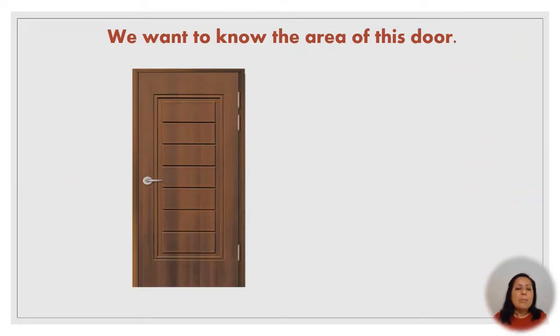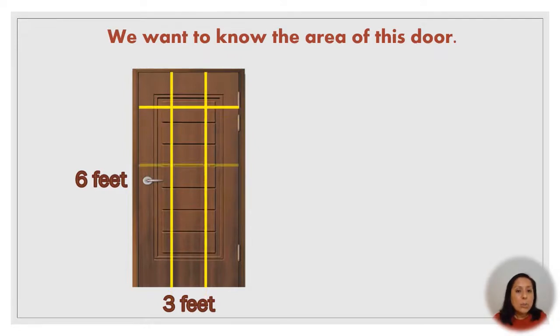Now let's see another problem. If we want to know the area of this door, we need to know how much is the length and how much is the width. So the length is 6 feet and the width is 3 feet. Now, at this moment, I cannot see the squares, but I don't need to see them. I can imagine the squares there, because in real life, not everything is marked with squares.